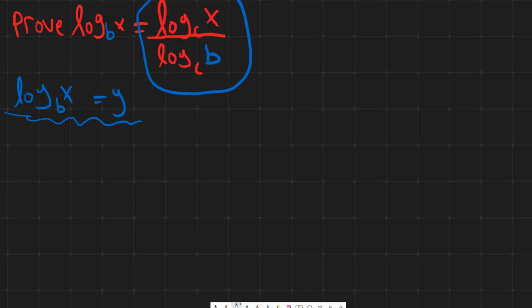That's really what this is saying, because when we look at logarithms, it's asking the question: this base raised to what power is equal to x? So simply, that's b to the y is equal to x. These two statements are equivalent.